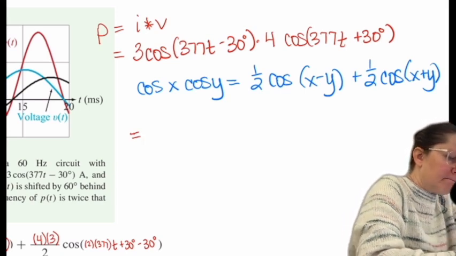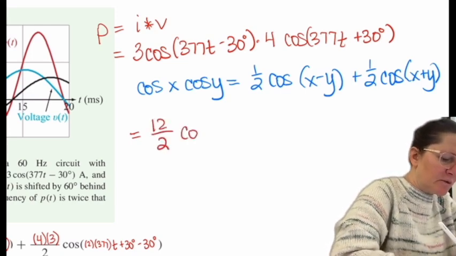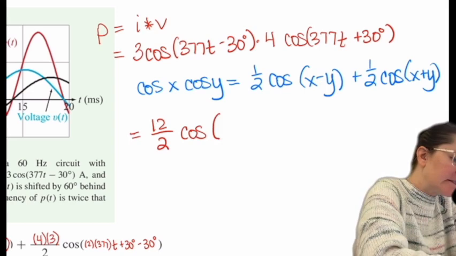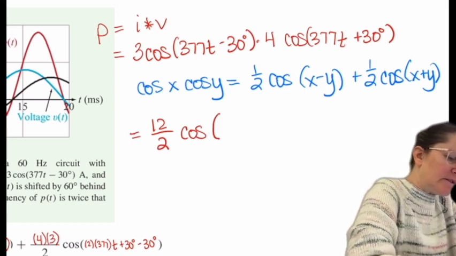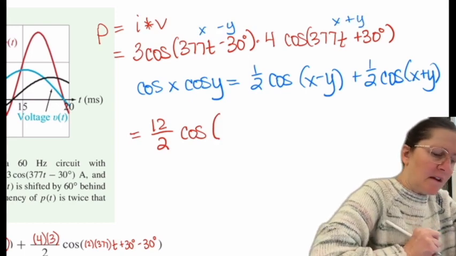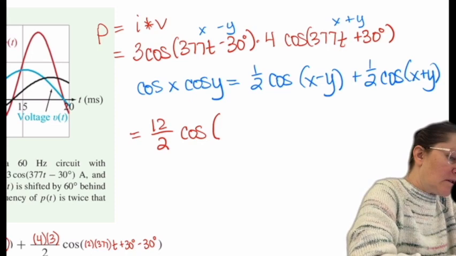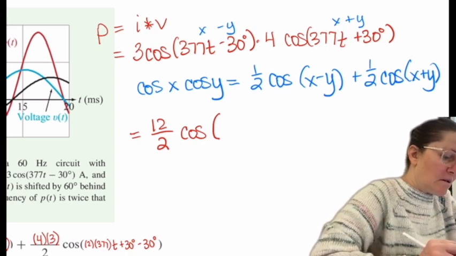Yeah. So we would have 12, and then we would divide it by 2 for the first one, cosine x minus y, and this is x plus y. Wouldn't 377t minus 30 degrees be x and 377t plus 30 degrees be y?